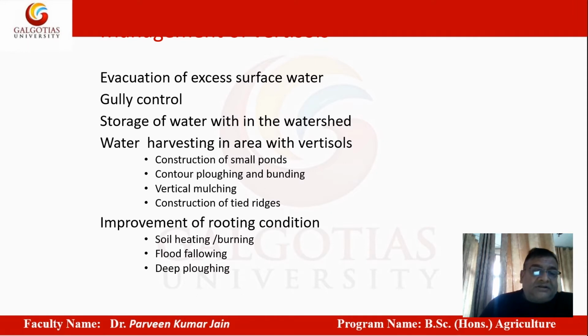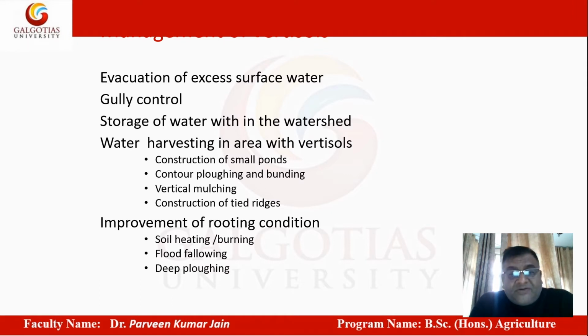Now here are the ways to manage them: evacuation of excess surface water, gully control, storage of water within the watershed, and water harvesting in areas with vertisols, which can be done by construction of small ponds, contour plowing, vertical mulching, construction of tight ridges, and so on.